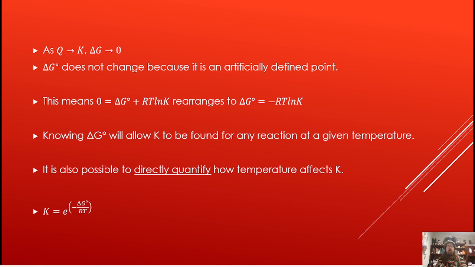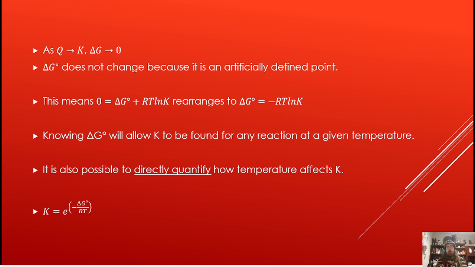So rearranging this, we have a new way to calculate K if we know our Gibbs free energy. Or if we know our K, we have an easy way to calculate our Gibbs free energy. So we can directly relate Gibbs free energy to our equilibrium constant K.